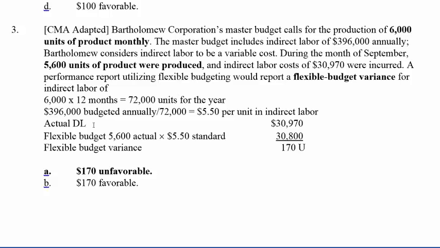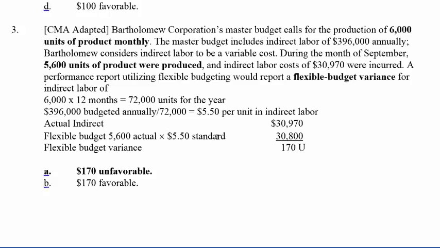So our actual indirect labor is $30,970. But how can we go about calculating what our flexible budget would have shown? For 5,600 units, we would have expected so much in budgeted time at a budgeted rate.